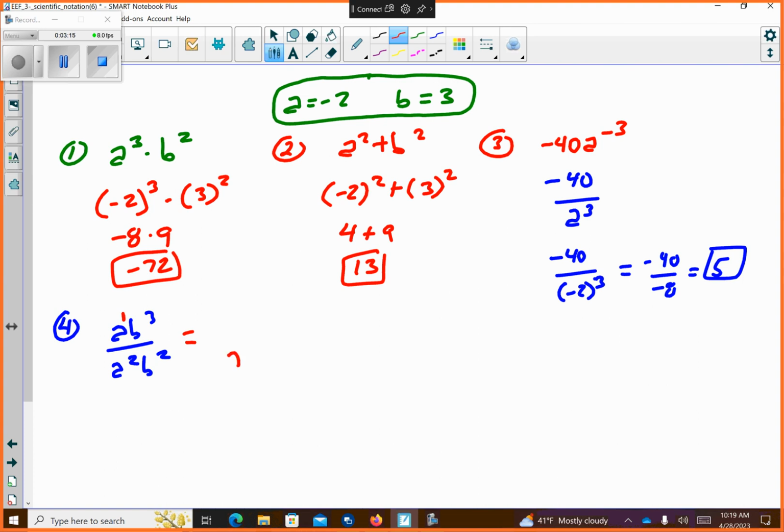Bottom by 1. For the B's, who wins, top or bottom? Okay. So now I can go ahead and plug in my 3 over -2, and there's my answer. We good? Any questions on those first 4? All right, let's move on.